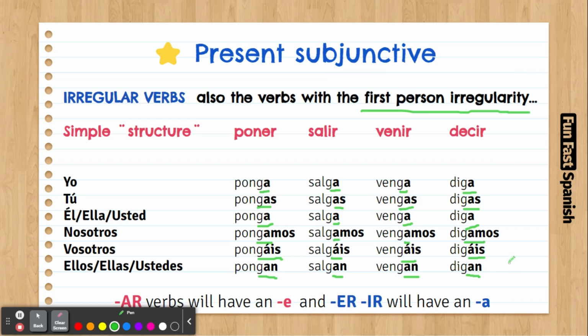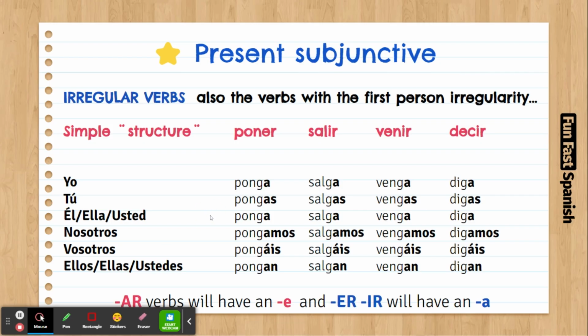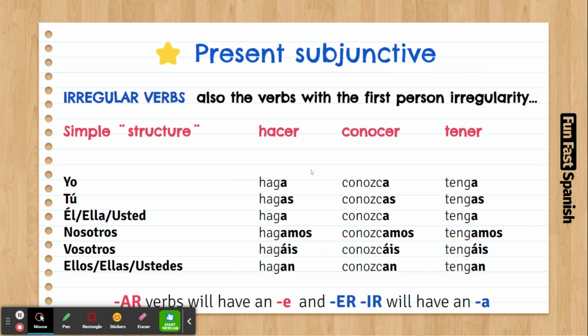So these are the verbs that have this first person irregularity, which, to be honest with you, is just these seven verbs. Poner, salir, venir, decir. And we also have hacer, conocer, tener. These ones have the first person irregularity with the G, and also with the ZC here.